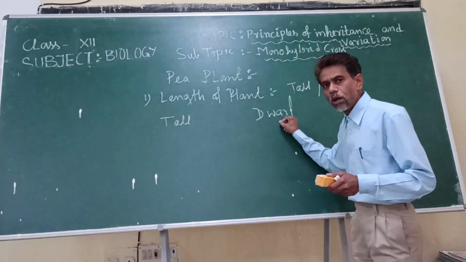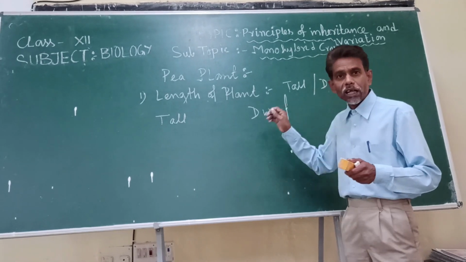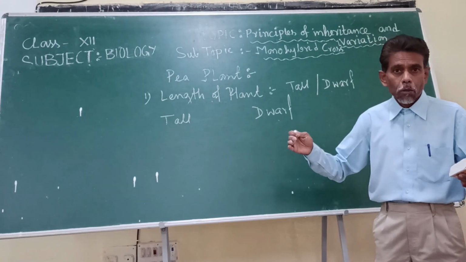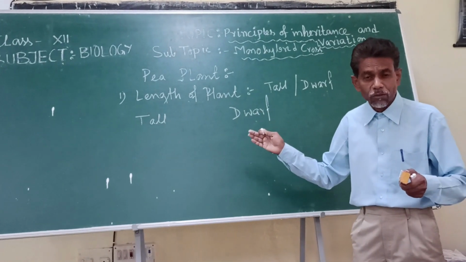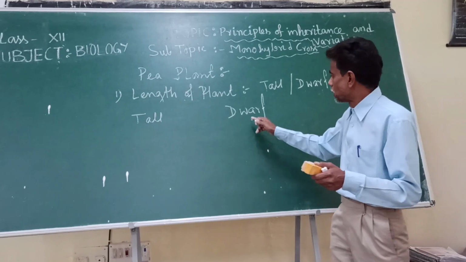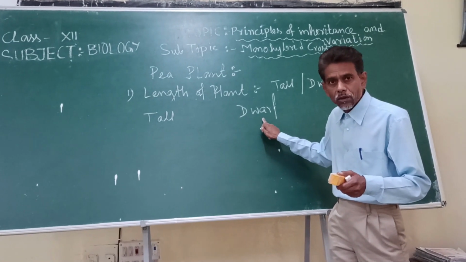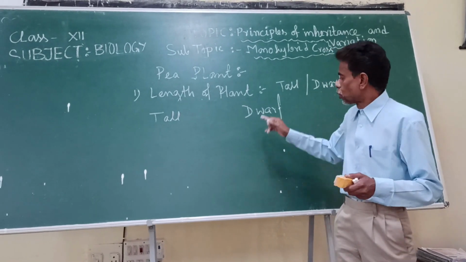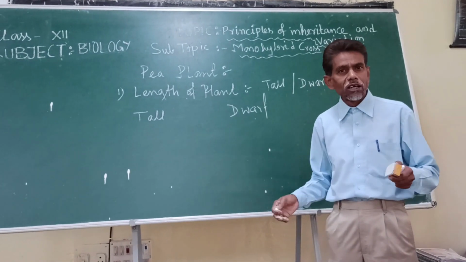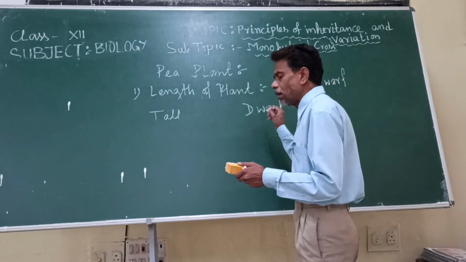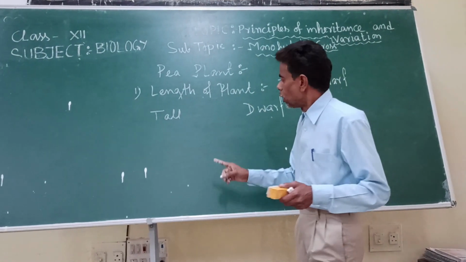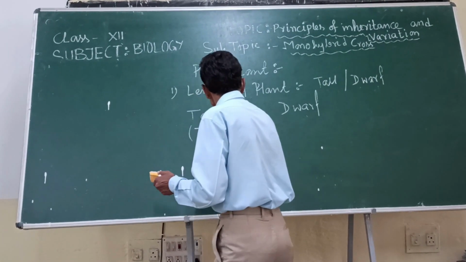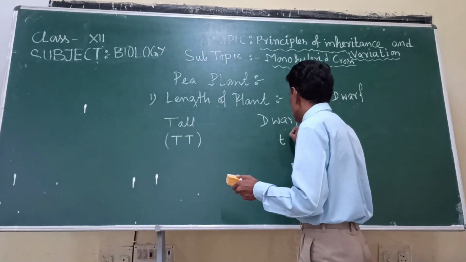He tested the purity of the dwarf plant, whether it is really dwarf or not, by self-breeding with the dwarf plant, considering one male flower and one female flower, self-pollinating through several generations. After several generations he found that all the plants are tall, or all the plants are short.